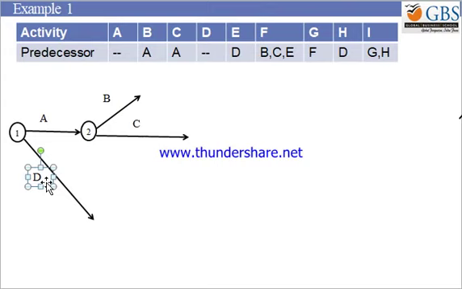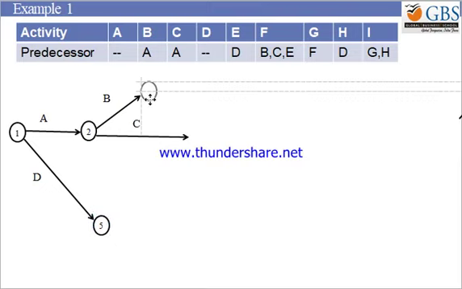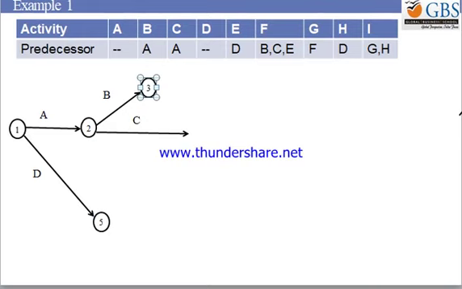Now look at it. From D, I'm going to draw E. D is a predecessor for E. I forgot to number them, so I'll follow 1, 2, then this is 3, call this 4.